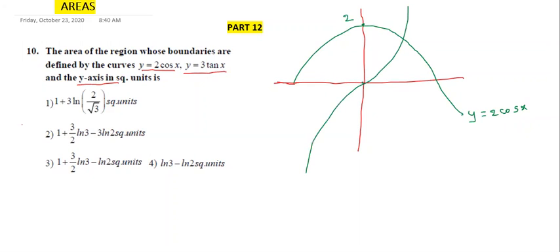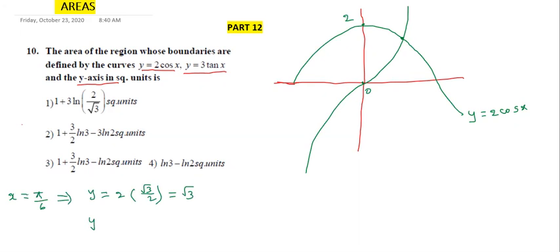This is the center, origin. The two curves are intersecting at a point. What is that point? We need to identify it. Suppose we take x is equal to pi by 6 and substitute in the first curve: y is equal to 2 cos pi by 6, that is 2 times root 3 by 2, the 2 cancels, we get root 3.